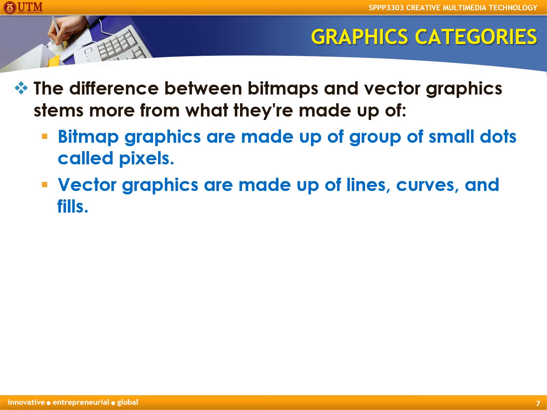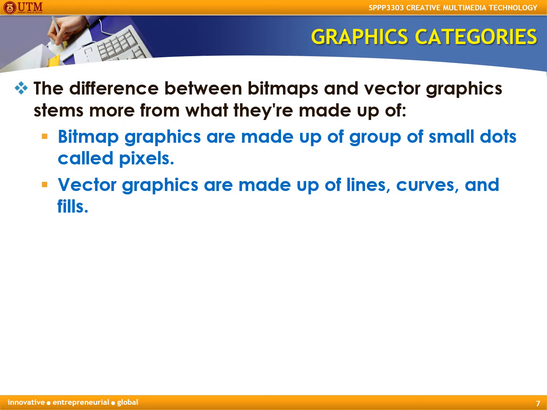The main difference between these two categories, bitmaps and vectors, stems from what they are made up of. As I mentioned, bitmap graphics are made of a group of small dots called pixels. On the other hand, vector graphics are made up of lines, curves, and fills, which are pure colors.